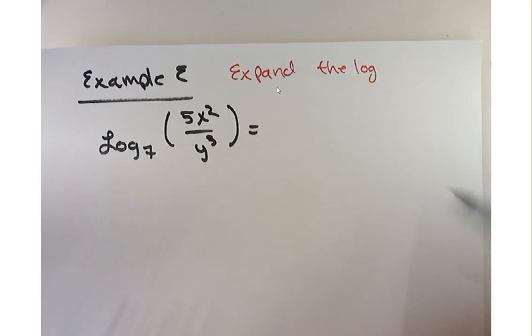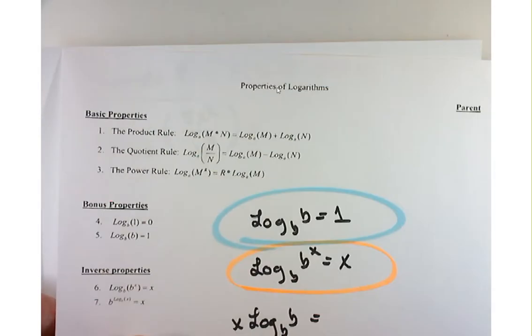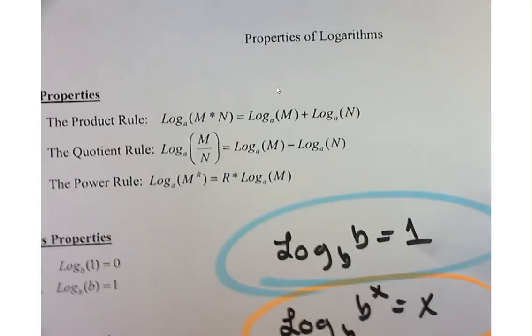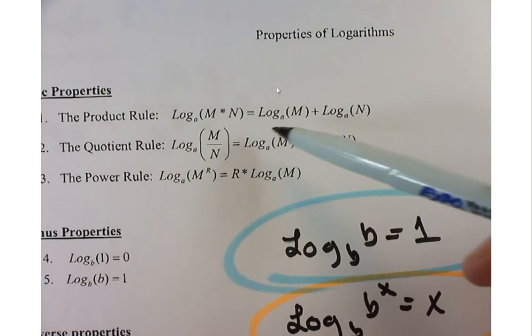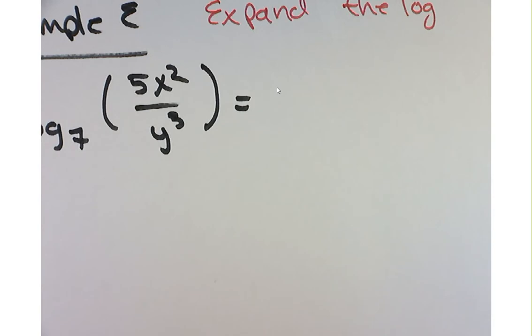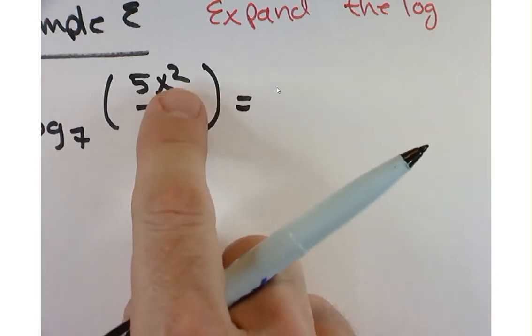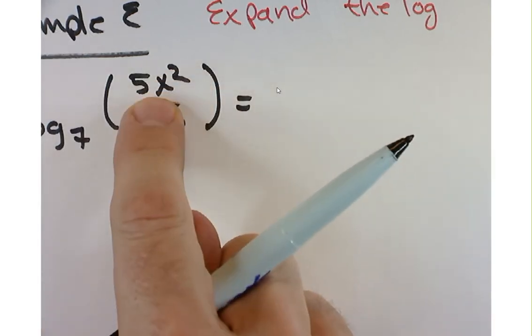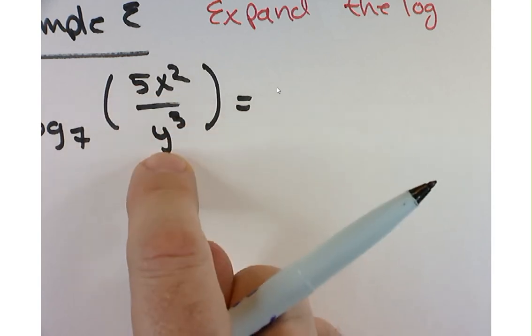That means use these properties until they no longer apply. Now you've got three choices to start out with: the product rule, the quotient rule, and the power rule. And all of these are present here, but you can't use the power rule just yet because this 2 only applies to the x, and that 3 only applies to the y.